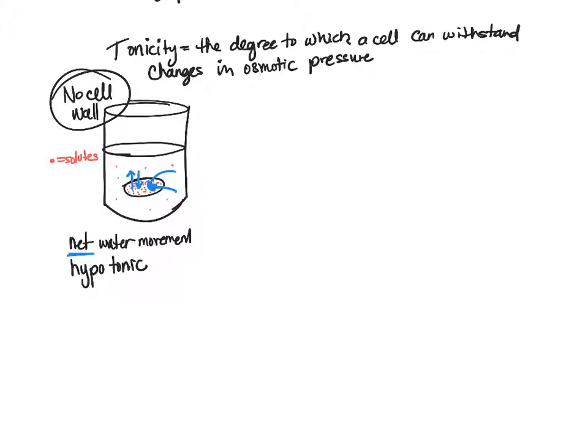So make sure that when you are discussing tonicity, you are describing exactly where that term is located. So in this case, we're going to say that it's a hypotonic environment. So right now, this is a hypotonic environment. And so what we see, hypo means less than. So our environment has less solutes than the cell itself. So if it's hypotonic, then we're going to see our net movement of water, or the solvent, diffusing into the cell.